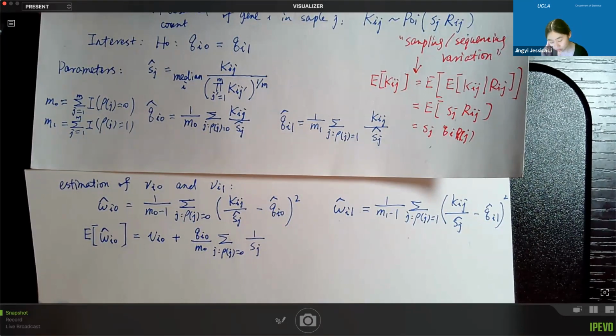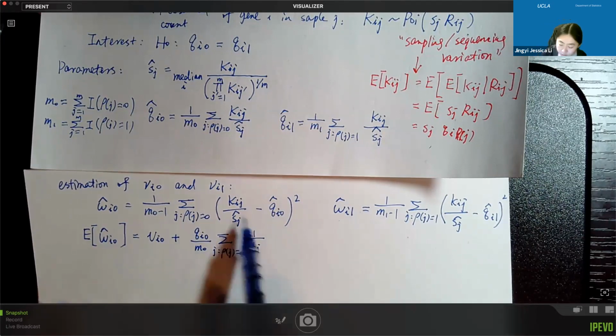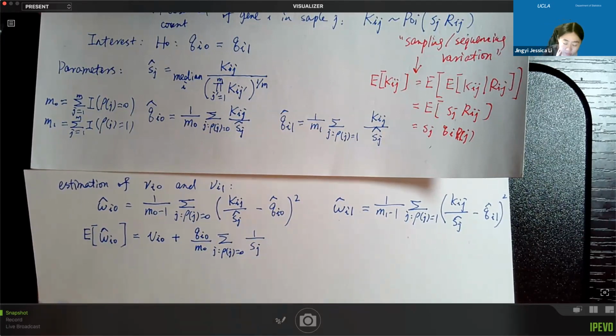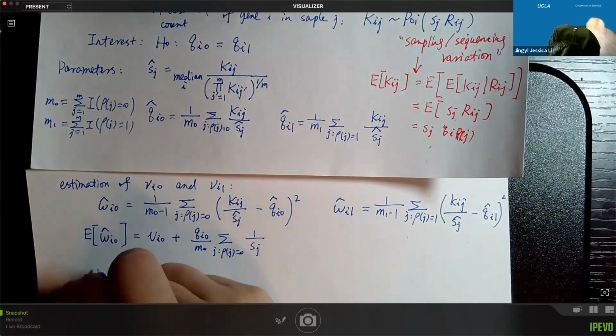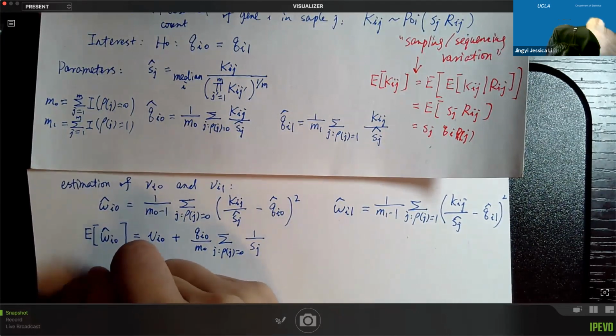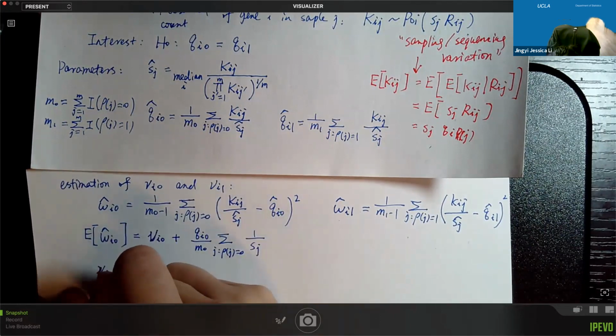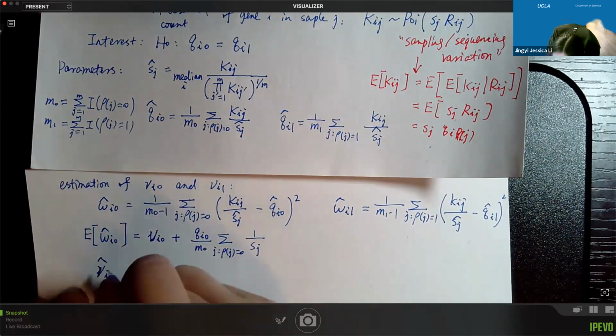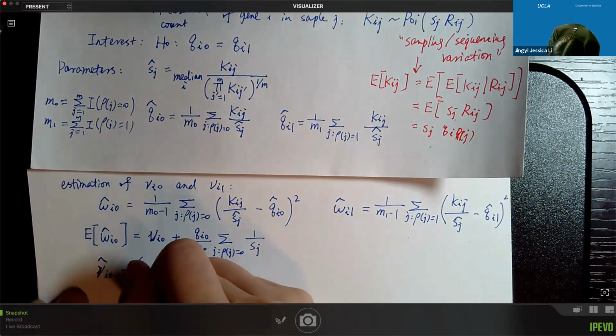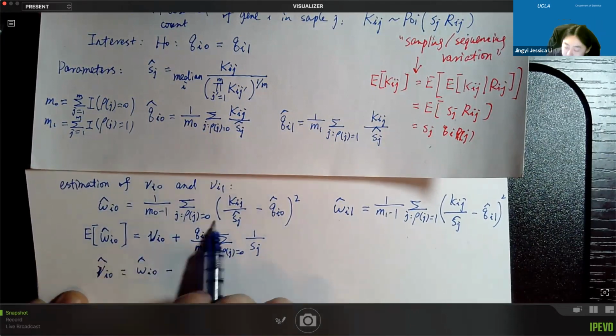So what the authors proposed is that, given we know this additional bias, they propose an estimator called mu, which I should say mu I0 hat, as this omega hat I0 minus this term.